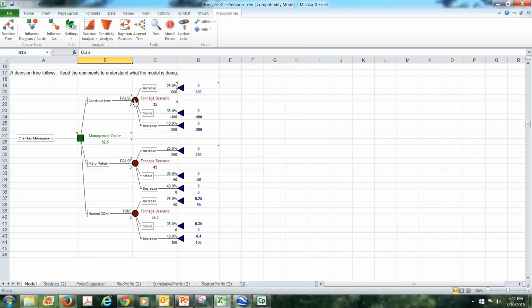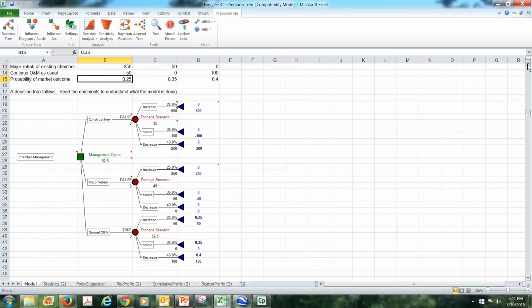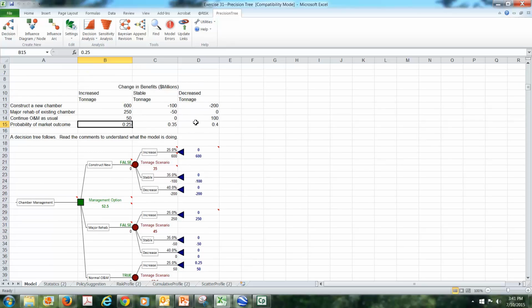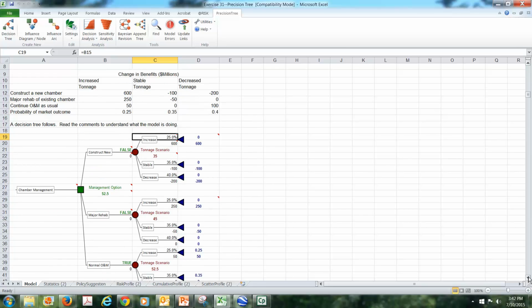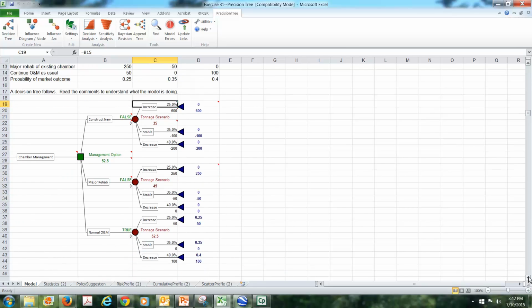And from each of these decision options, we had 3 possible states of the world: increased tonnage, stable tonnage, or decreased tonnage. Then what we do is we take our data from this table and we put it into our decision tree here.